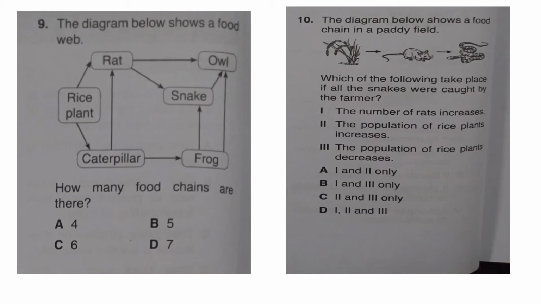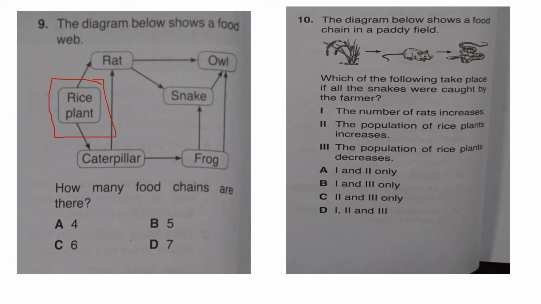And number 9, the diagram below shows a food web. When we say food web, it contains 2 or more food chains. So how many food chains are there? Okay, let's count. First, we have the producer, which is the rice plant.